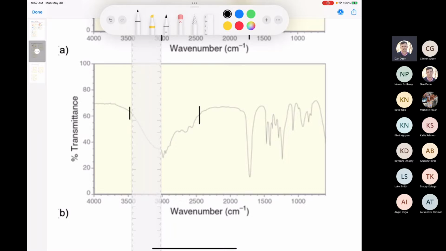Yes, absolutely, Tracy. This is a broad oxygen-hydrogen stretch. It's a carboxylic acid. This one goes from around 2,400 to around 3,300 reciprocal centimeters. And here's my carbonyl. The carboxylic acid also has a carbon-oxygen single bond stretching from 1320 to 1210.